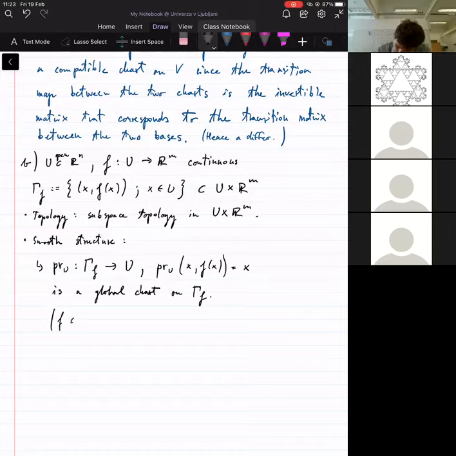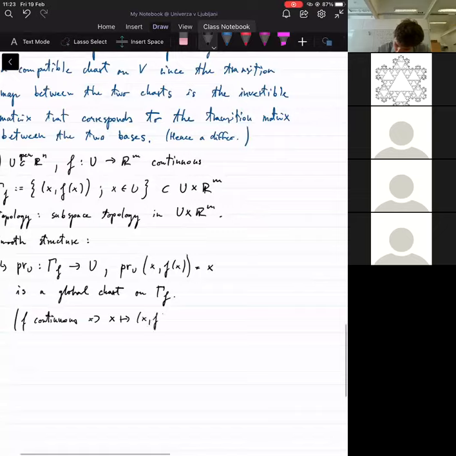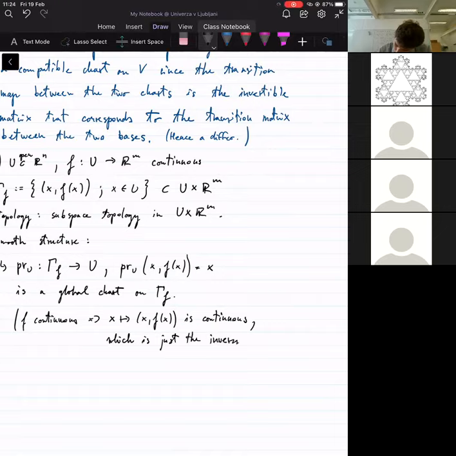So f is continuous, hence x maps to (x, f(x)) is continuous, which is just the inverse of pr_U, right?